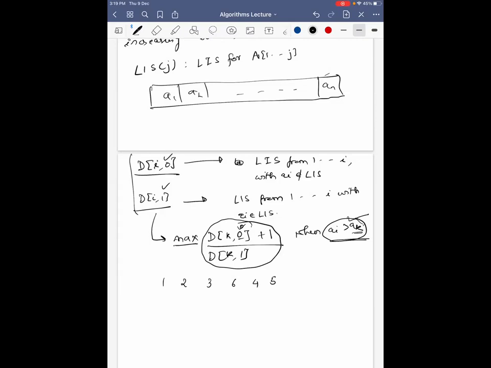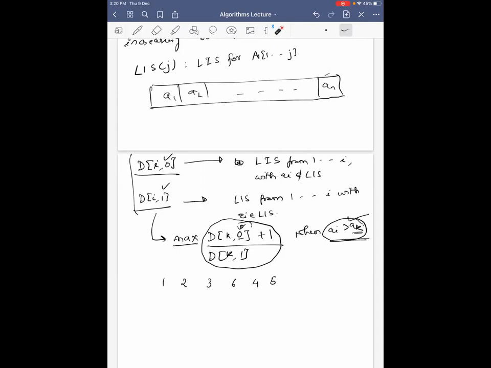We are taking the maximum over all those. If you consider this element 5, the maximum is over all those longest subsequences where the element is less than 5.